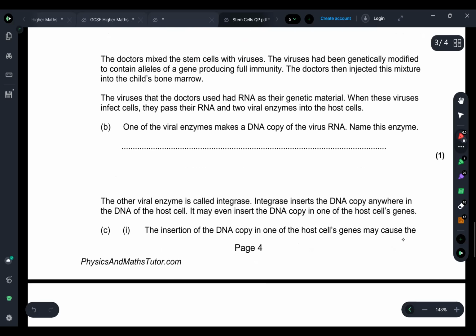So the doctors mixed the stem cells with viruses. The viruses had been genetically modified to contain alleles of a gene producing full immunity. The doctors then injected this mixture into the child's bone marrow.